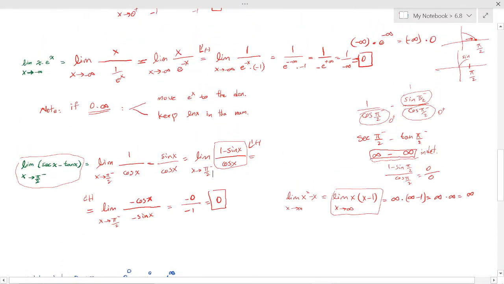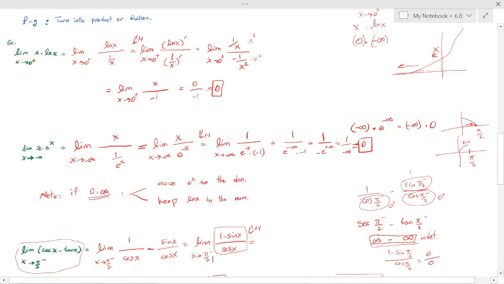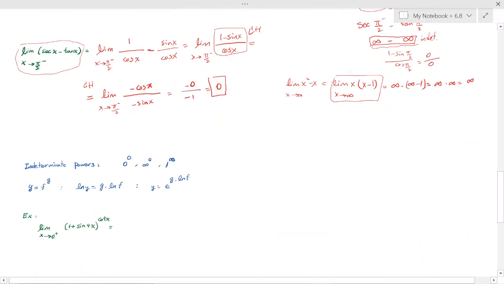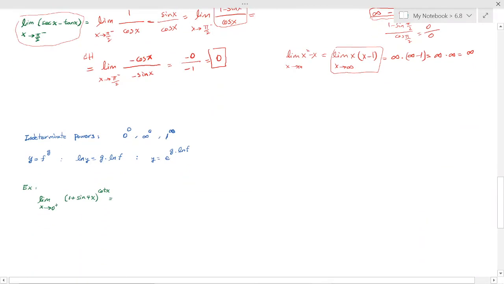This was those two cases that I mentioned, product or difference. Another form of indeterminate form is through powers. Some powers are well defined, something like 0 to the power 1, which is always 0. But 0 to the power 0 is an indeterminate form.